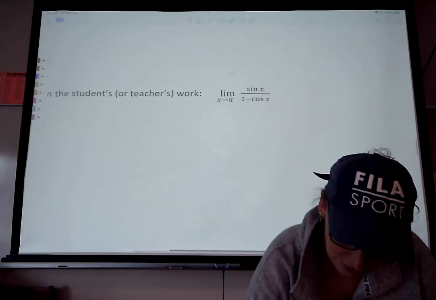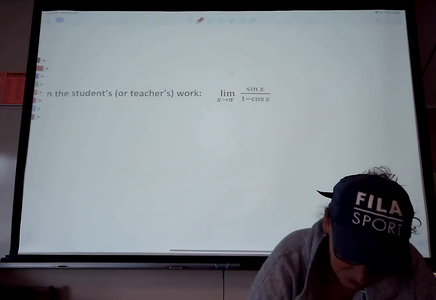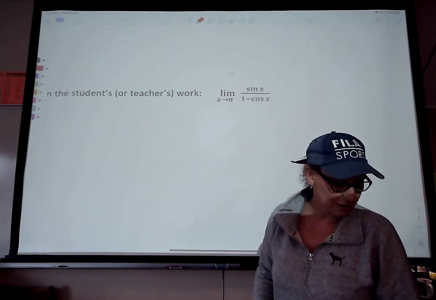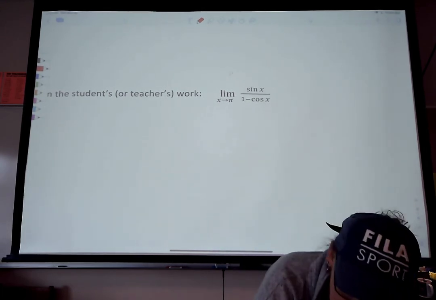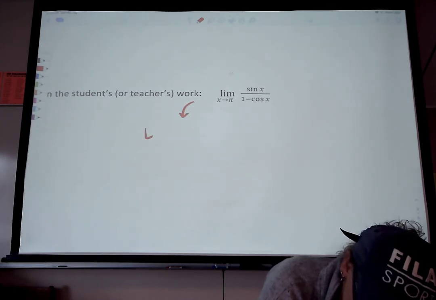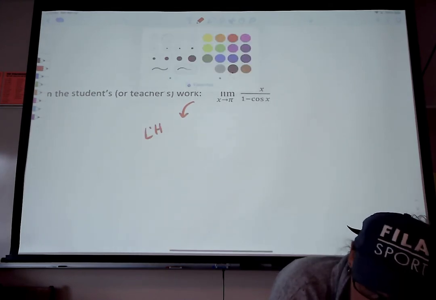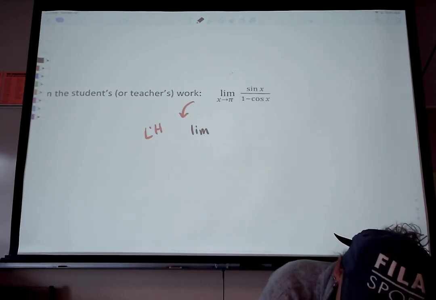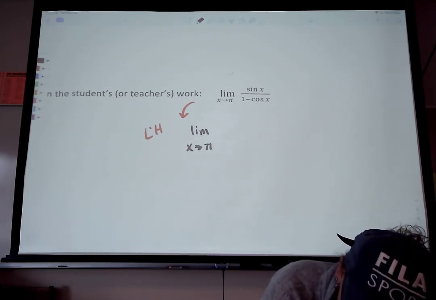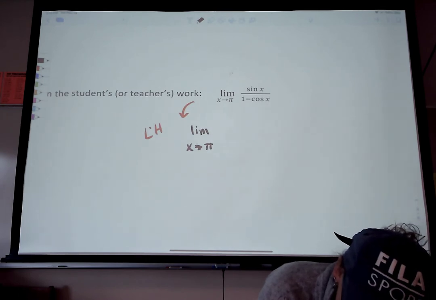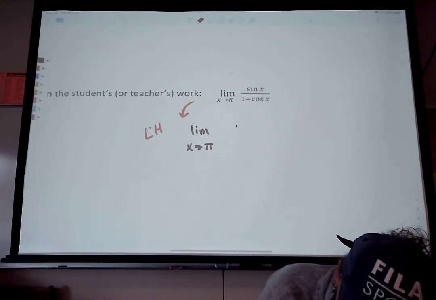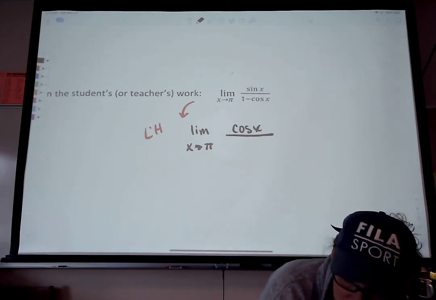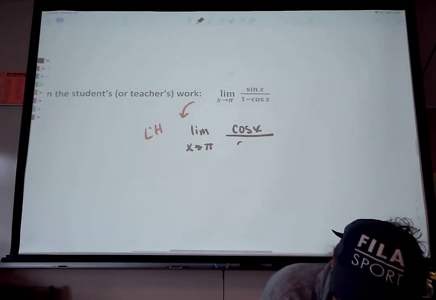Alrighty, last one. Find the error in the teacher's work. Here I go. How much do you trust me? So limit as x approaches pi, derivative of sine is cosine, derivative of cosine is negative sine.